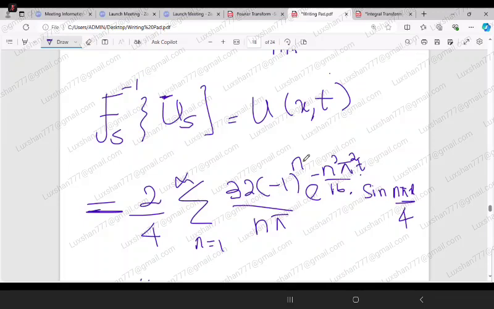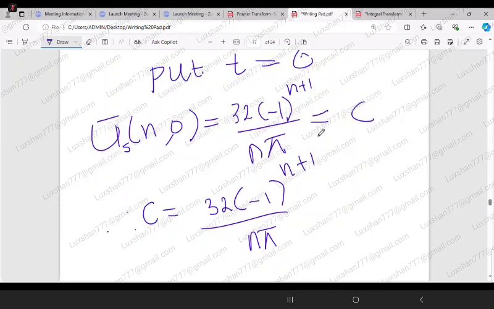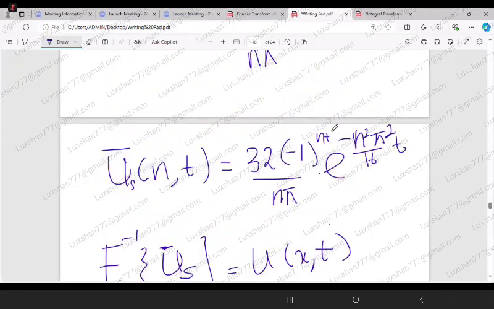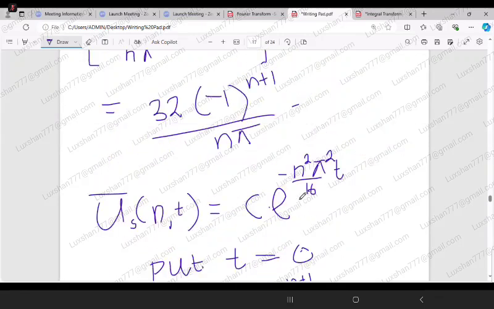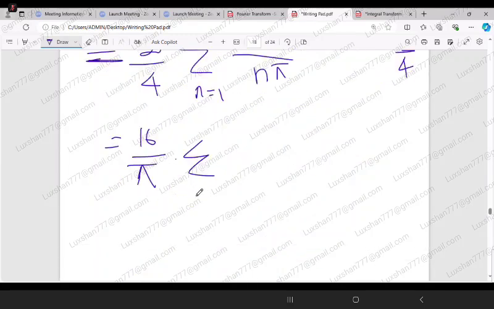Sorry, I think this is minus 1 to the power n plus 1, no? Sorry, minus 1 to the power n plus 1, I'm sorry. Look at here, 32 minus 1 to the power n plus 1. So we are having n equal 1 up to infinity.